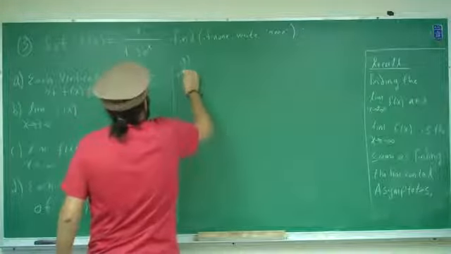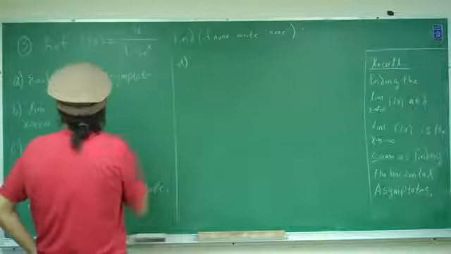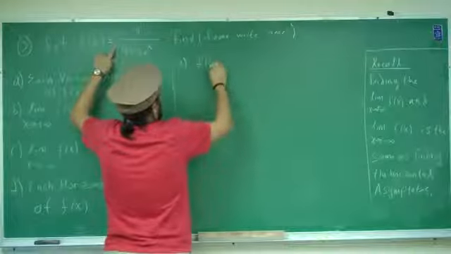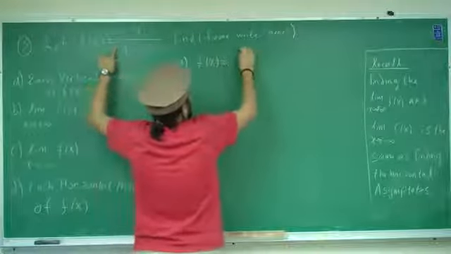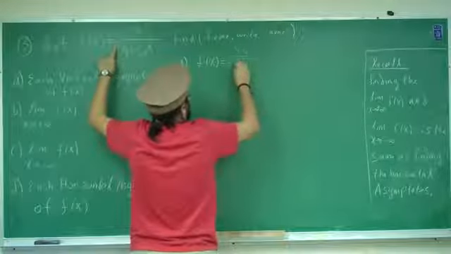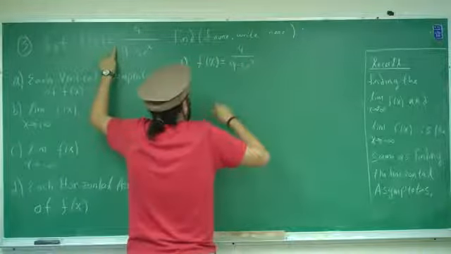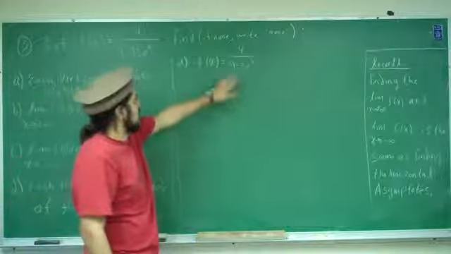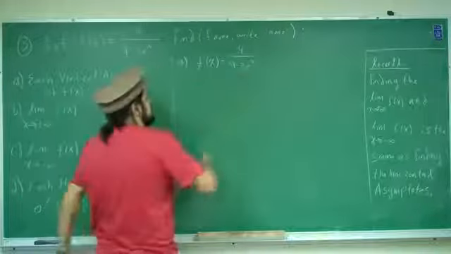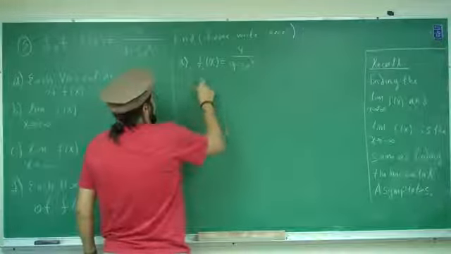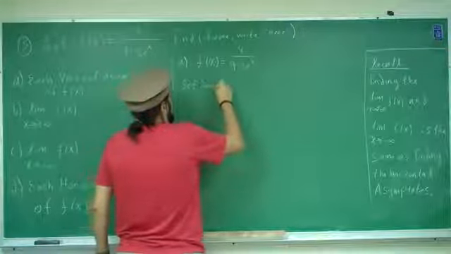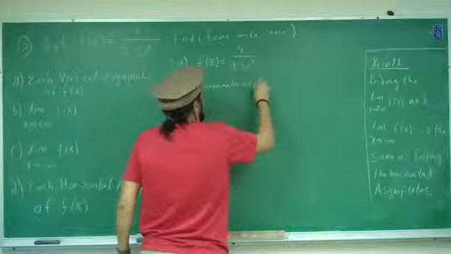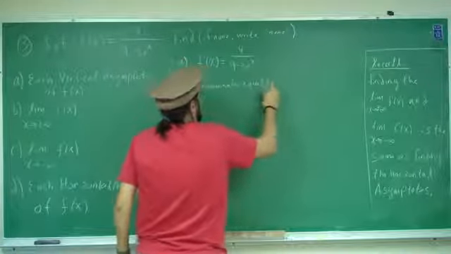Alright, so let's start with A. Each vertical asymptote of f of x. In order to find the vertical asymptotes of a rational expression, we have to set the denominator equal to 0.